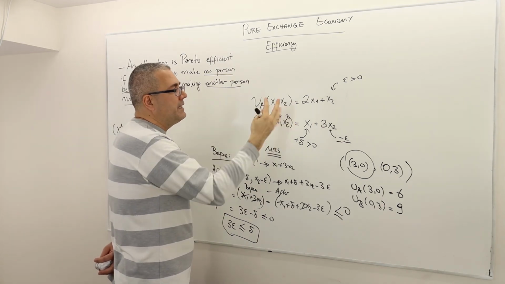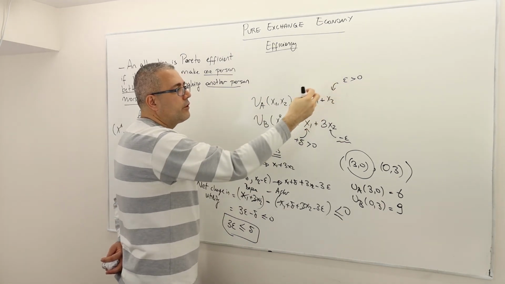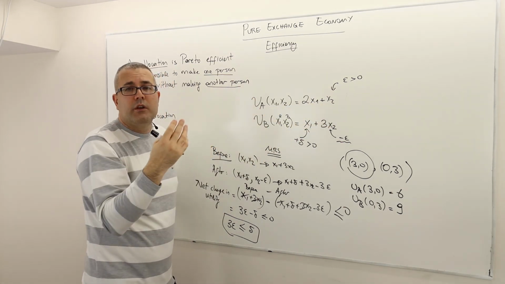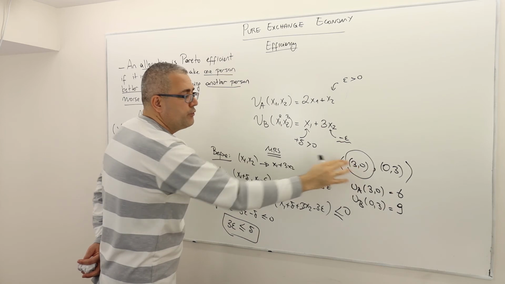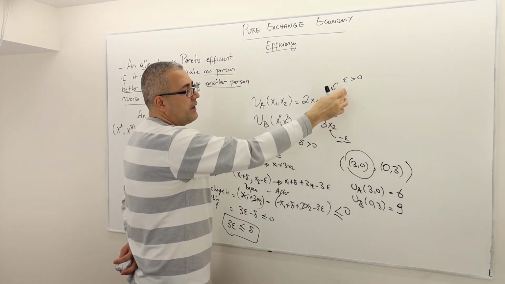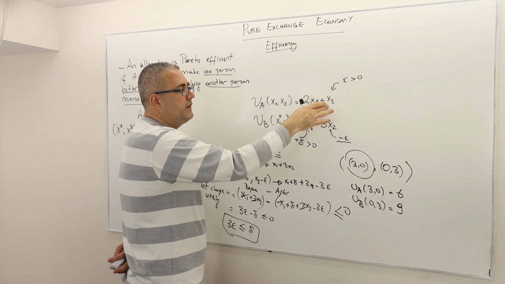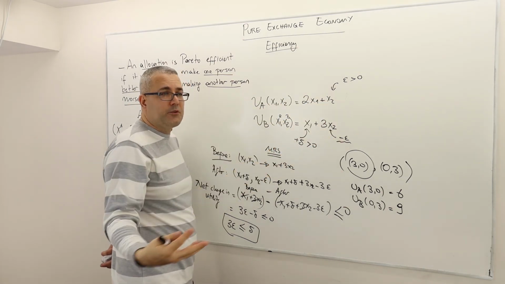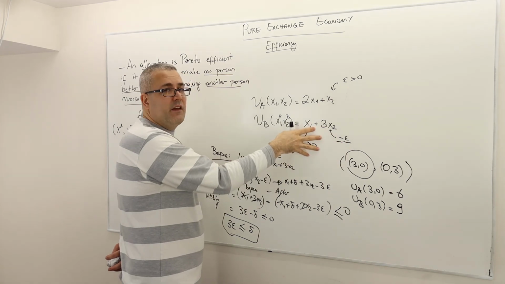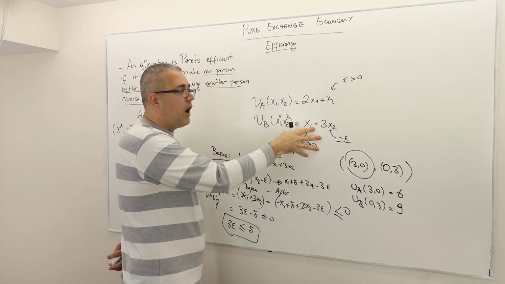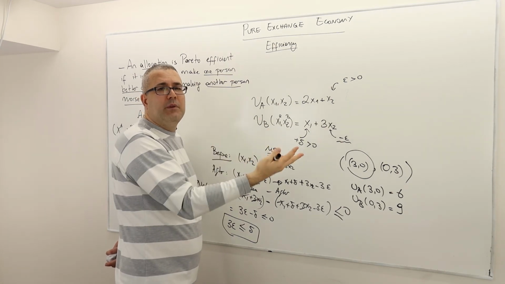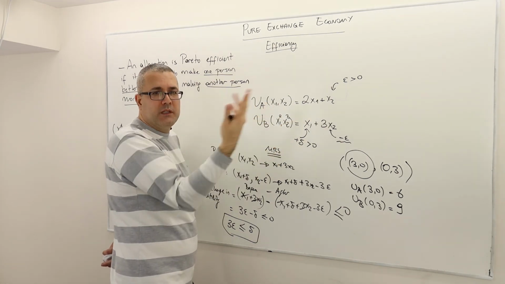Once again, the idea is coming from here. If I want to make Anita happier, I have to give her some epsilon amount of good 2. I can't give her some x1 because she's already consuming all x1. So that epsilon given to Anita should be subtracted from Bob. If I don't give Bob additional x1, obviously he will get worse off, and there's no way that can be a Pareto improvement.